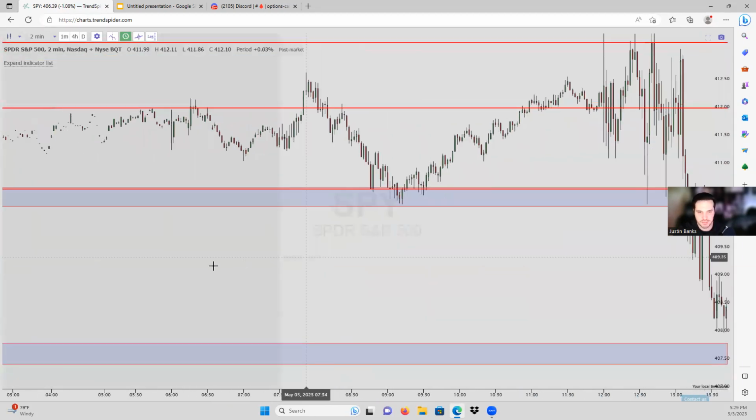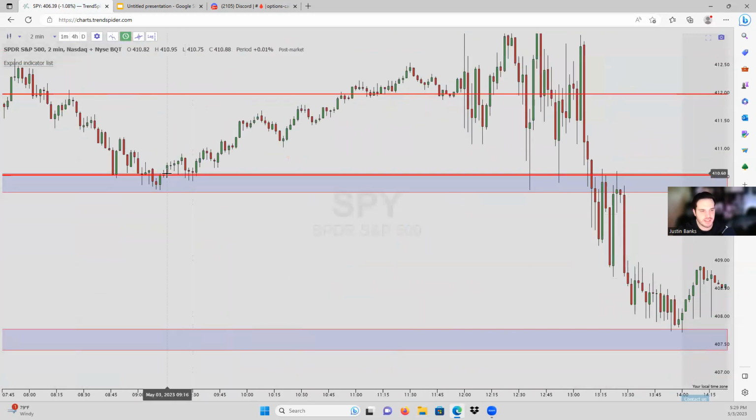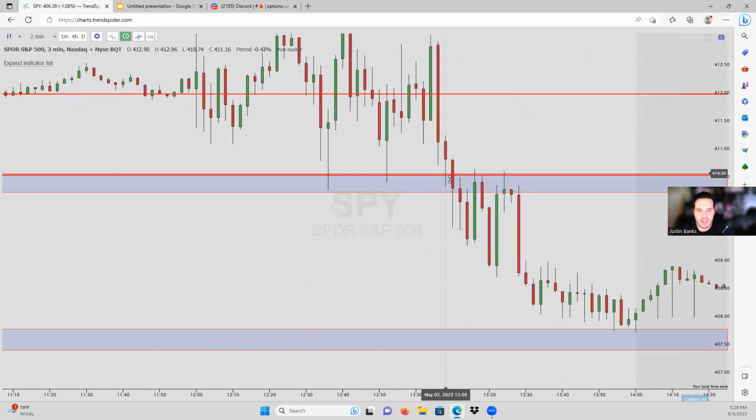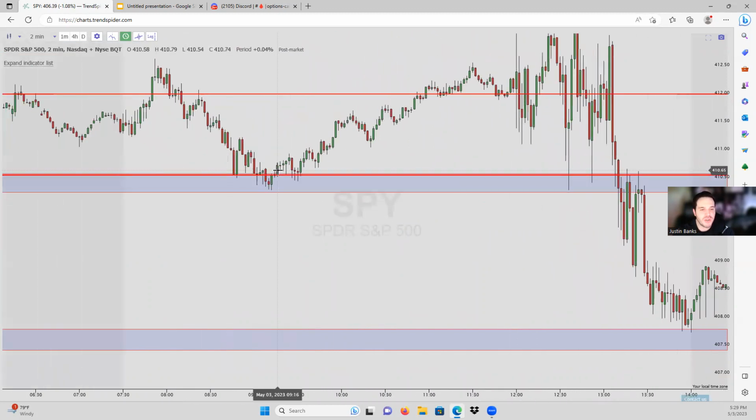So going into today, we were at my level around this 410.60. And when we came back down and we're getting weak, I saw, okay, this demand right here, even if you didn't have this 410.60 level, we knew that this level was a big demand zone.